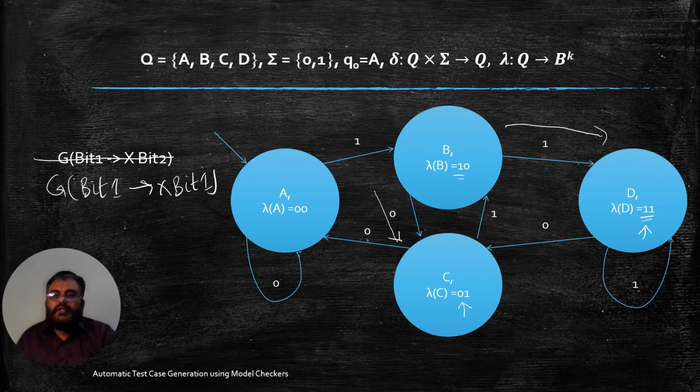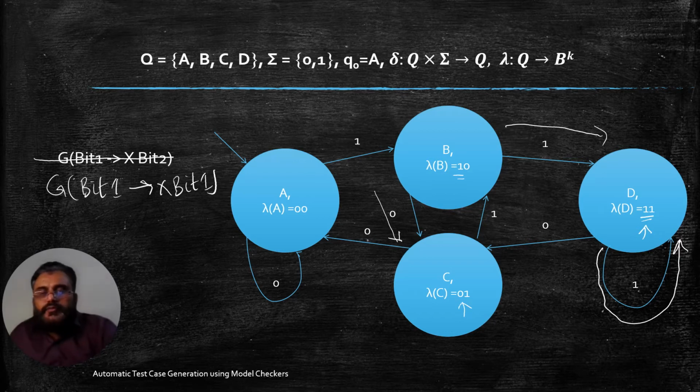In the same way, if I follow the outgoing path from state D back to state D, then bit 1 is true. It means that when state D becomes the next state of itself, following the transition which comes back to it, then again bit 1 is true.